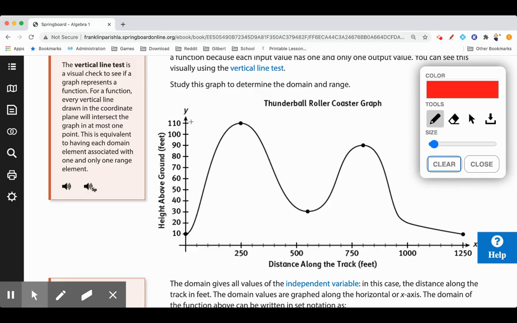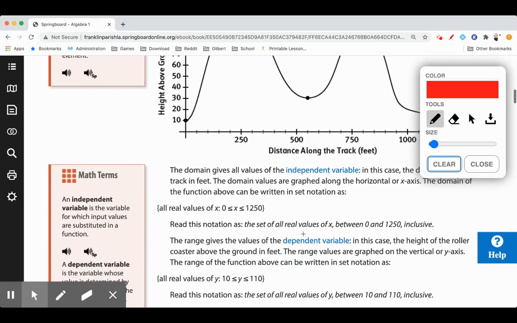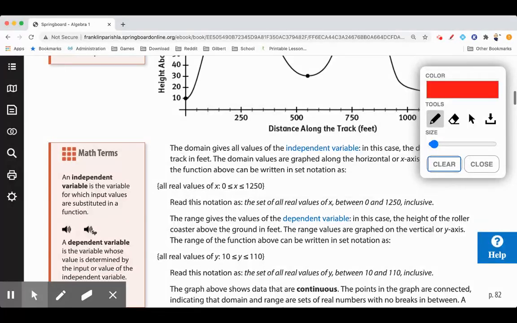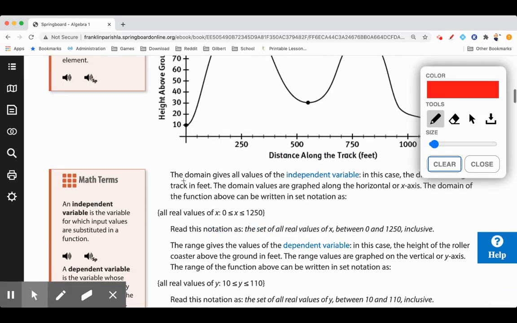It's the output, the range. It changes based on where you are along the independent variable. A lot of words that can get confusing. Independent and dependent. Just remember to read over these sections so that you can see the definitions.